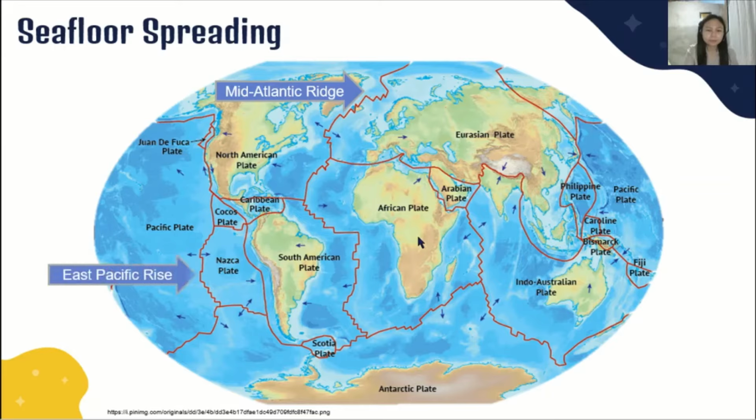The next one is the East Pacific Rise, which separates the Nazca Plate and the Pacific Plate, as well as the Cocos Plate. It ranges from here to here. And then we have the Indo-Australian Plate, which separates the Indo-Australian Plate and the Antarctic Plate. So it ranges from here down to here.